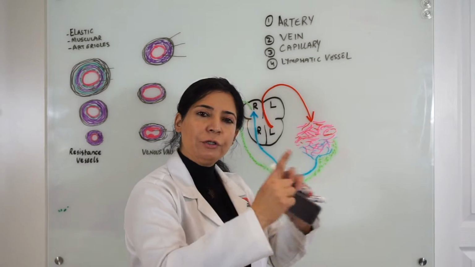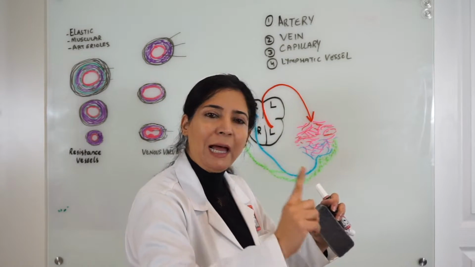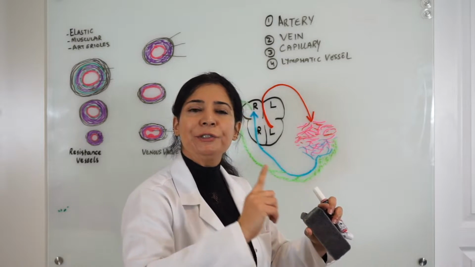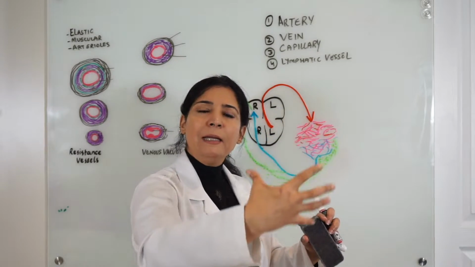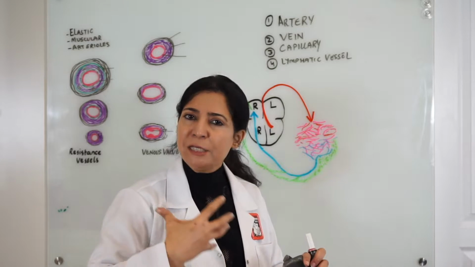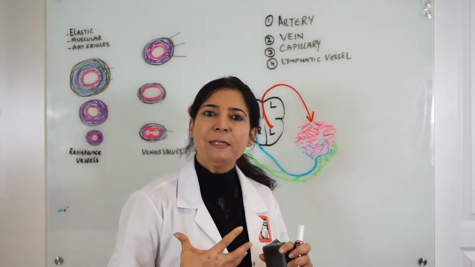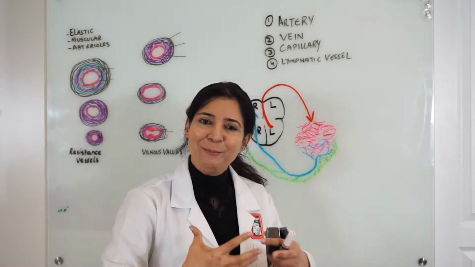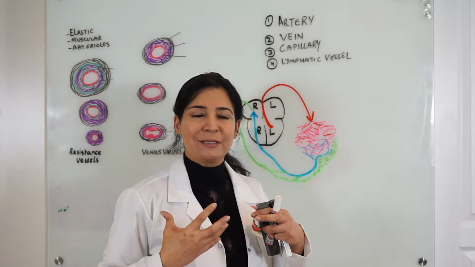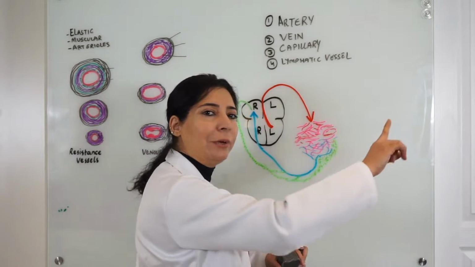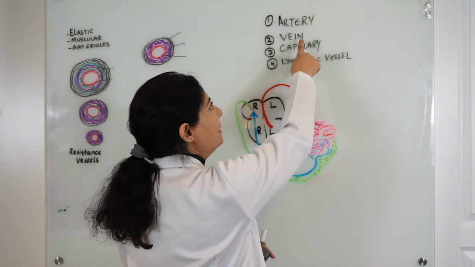Then after the supply of nutrients and oxygen has been done, the blood will receive the waste products from the tissue spaces and will be collected by the collecting tubes. And the collecting tubes which are bringing blood back towards the heart are known as the veins.